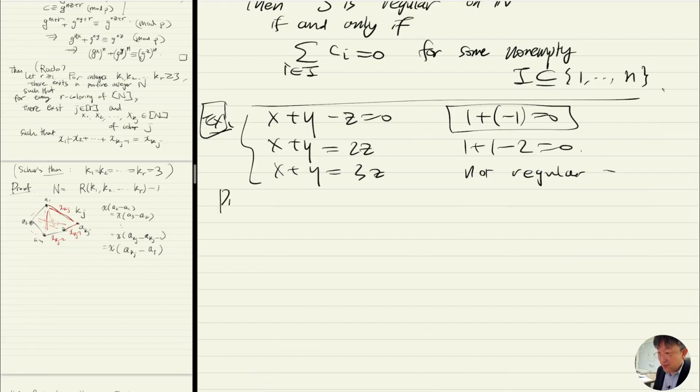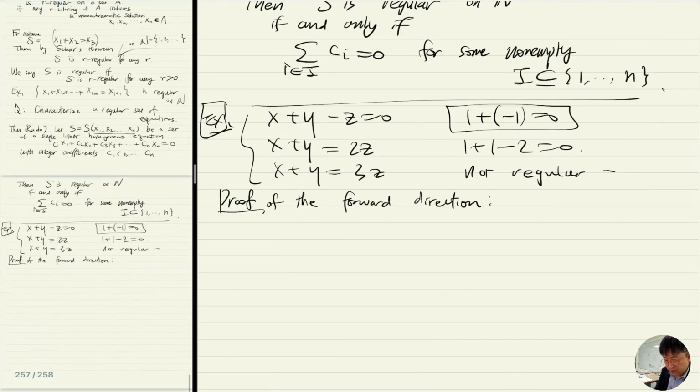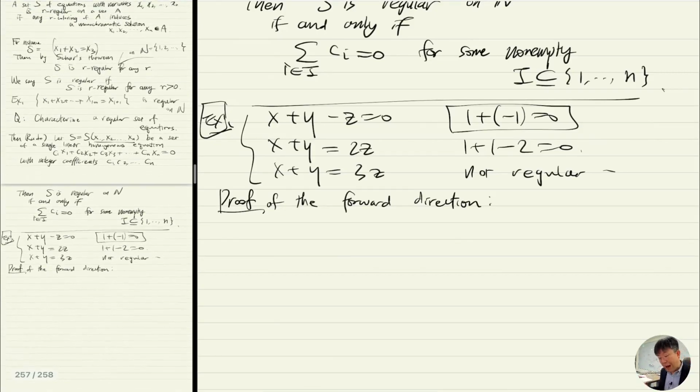So how do we prove such a theorem? Let me first show you the forward direction. So what I mean is, why do we need such a thing? If it's regular, why do we always have a non-empty subset whose corresponding sum of the coefficients is 0?